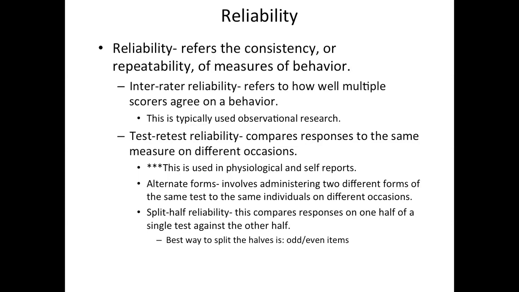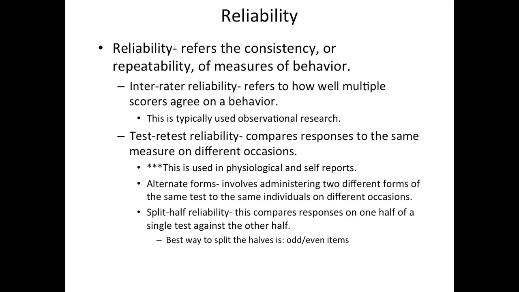So if I give you an IQ test, Lara, today, and I give you an IQ test in 5 years, I would expect your IQ to be roughly the same, roughly stable, because IQ is about your adaptive functioning and your potential. It isn't about just acquisition of knowledge, right? That's an achievement test. So if I give an IQ test, I would expect it to be pretty stable.